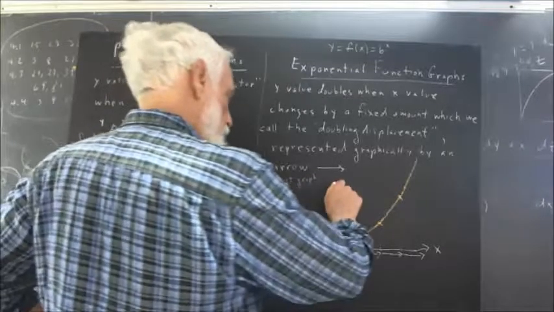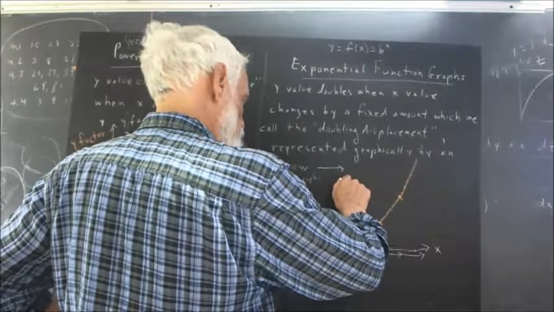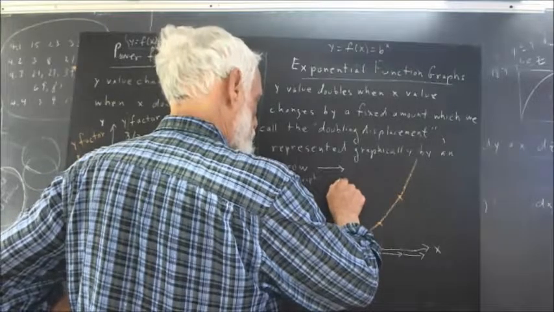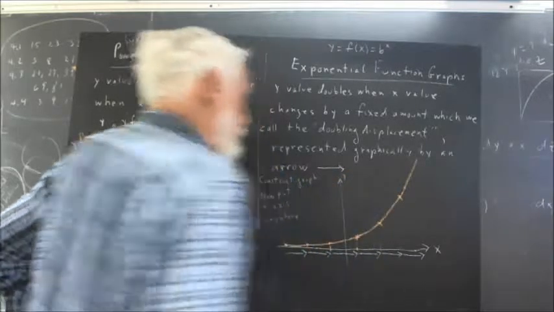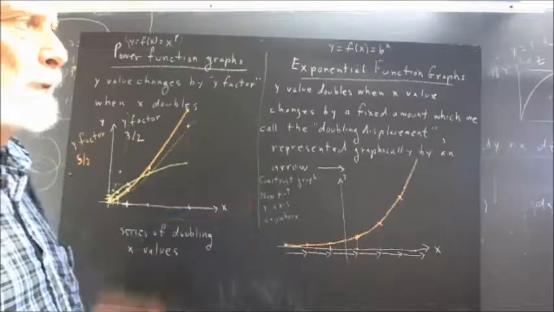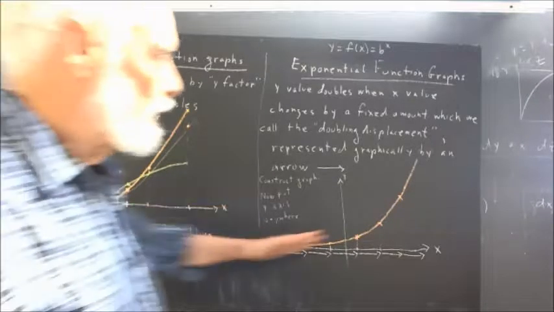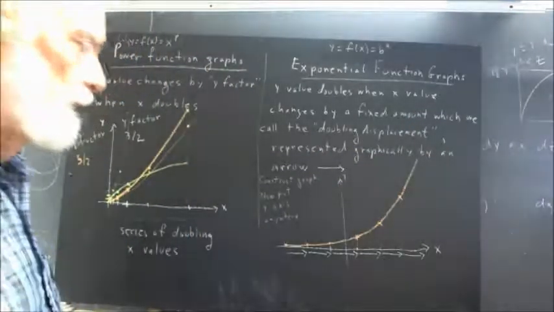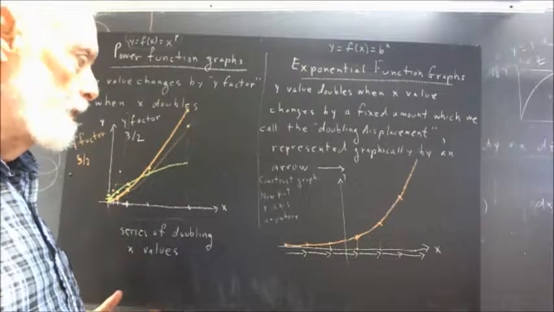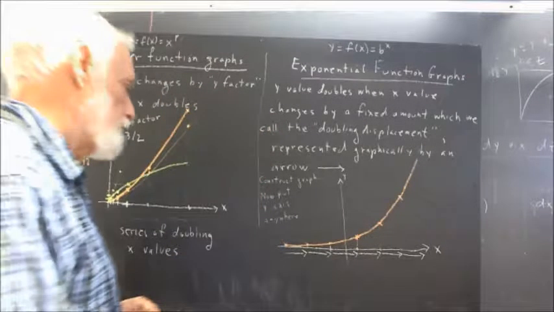Then we put the y-axis anywhere. So I'm going to put it, oh, what the heck, right here. It doesn't matter where I put the y-axis. This graph now represents any exponential function. This graph can represent any exponential function.